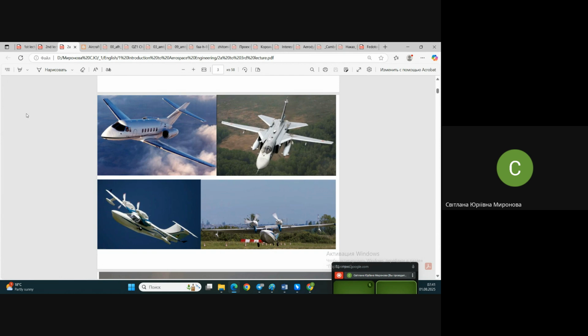And flaps, ailerons, primary flight controls, secondary flight controls are necessary. We will use them. What is not necessary significantly for cruise flight, for instance, is variable geometry. In this case, you are not ready to pay for this, and passenger airplanes usually have no such significant changes of geometry.